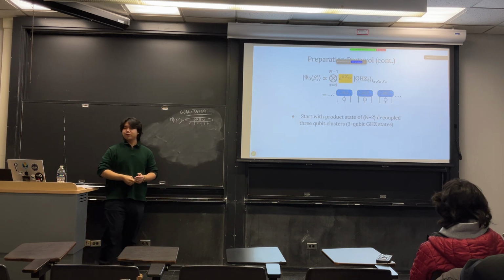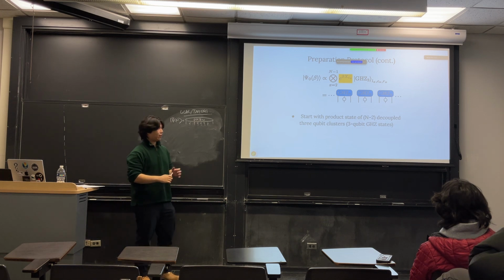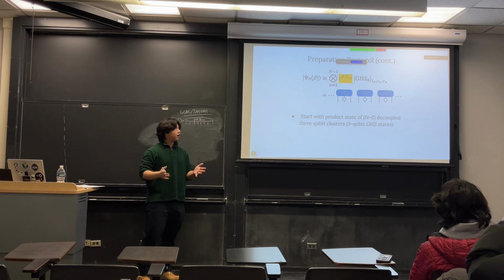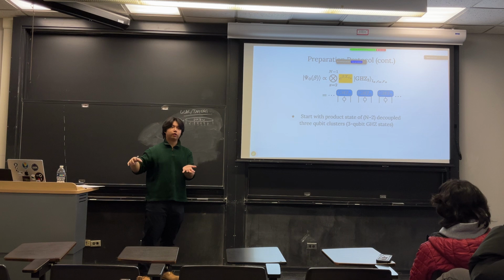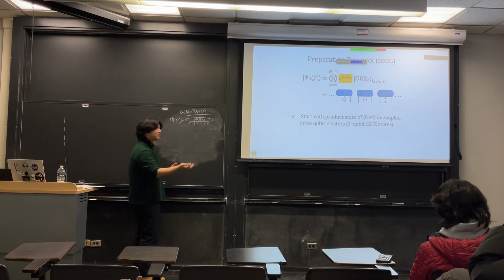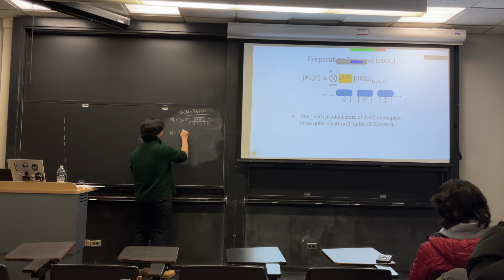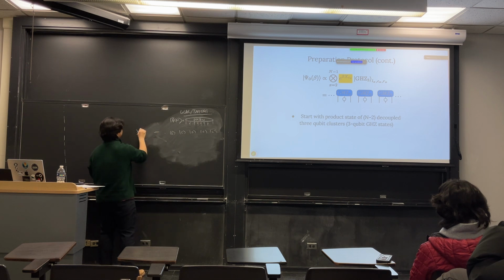The preparation protocol starts with a product state of decoupled qubit clusters. One example of decoupled qubit clusters would be having 0, 0, 0, 0, 0, and so on, just a tensor product of zeros.